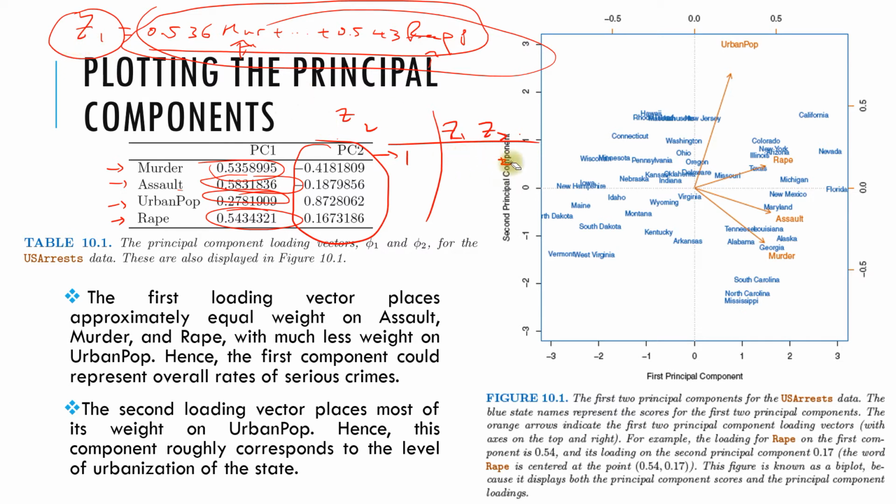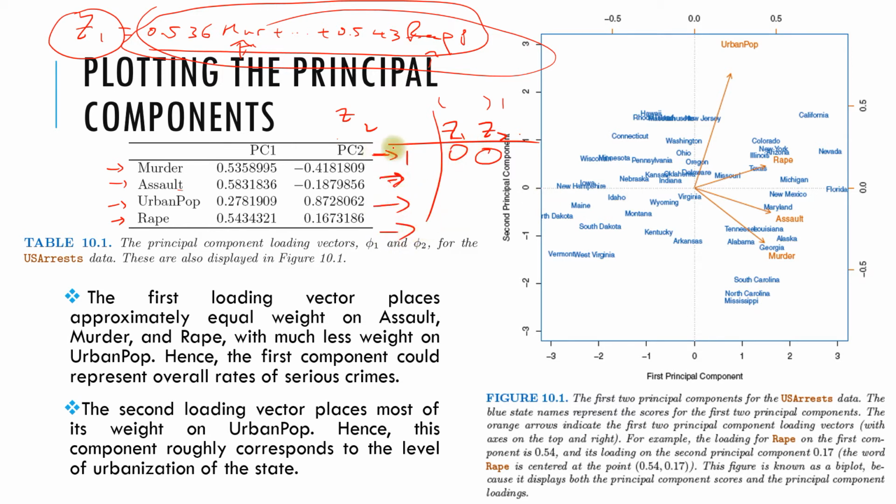Then you do the same thing for Z2 using the other combination, and you get a second value. So the principle is like this. This is done for the first observation, then you do it for the second observation, and it goes on like this. Finally, you will get a set of coordinates to represent each of these rows in your data.